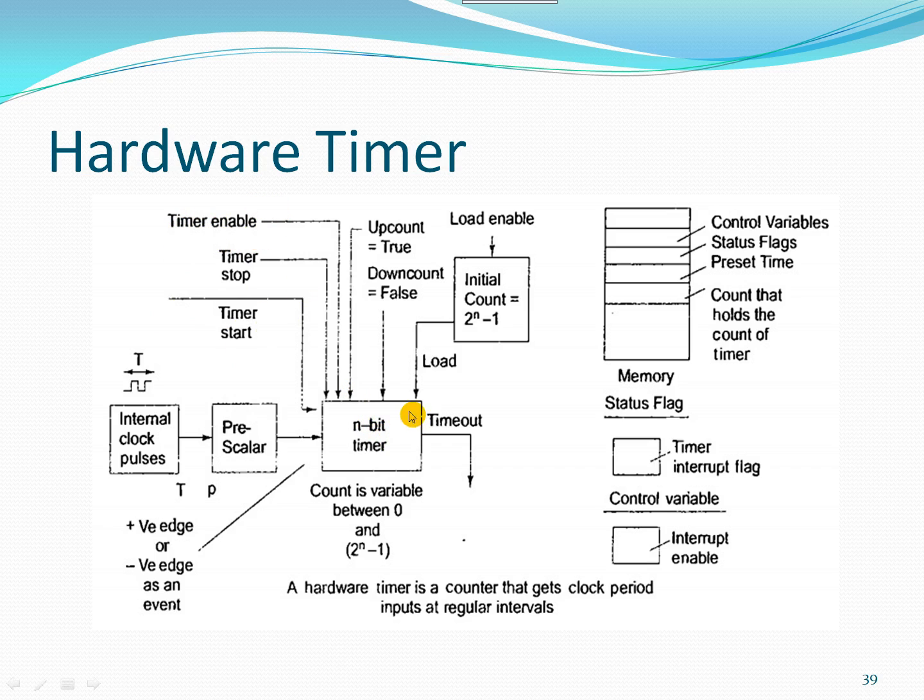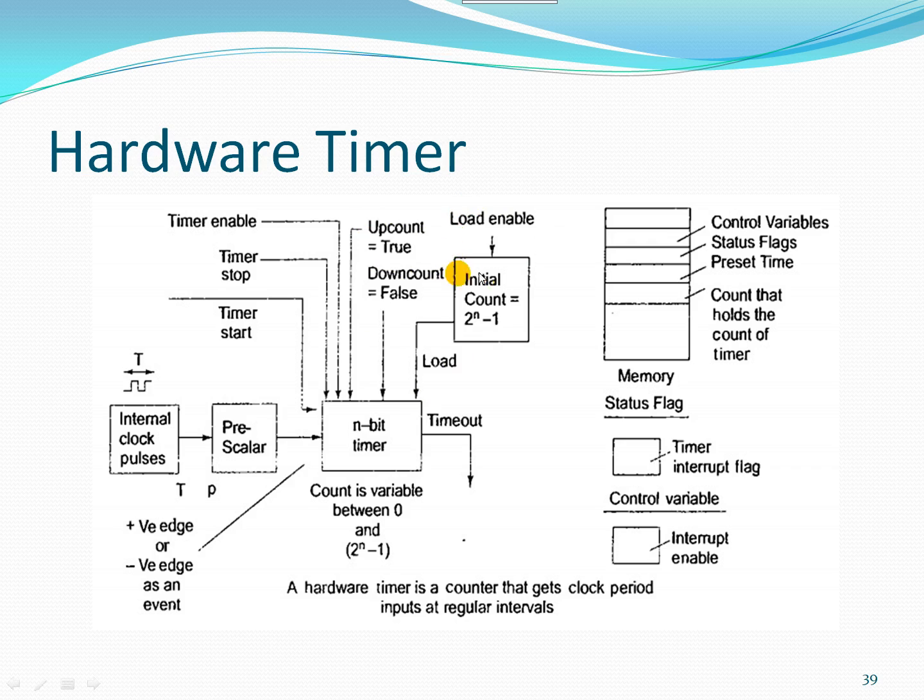So whenever a particular timer has been given on control, that timer first has to be enabled, and then it has to be started. The up count and down count can be given as either an up count or a down count, depending upon the values we are giving, and that timer will be an up timer or a down timer.